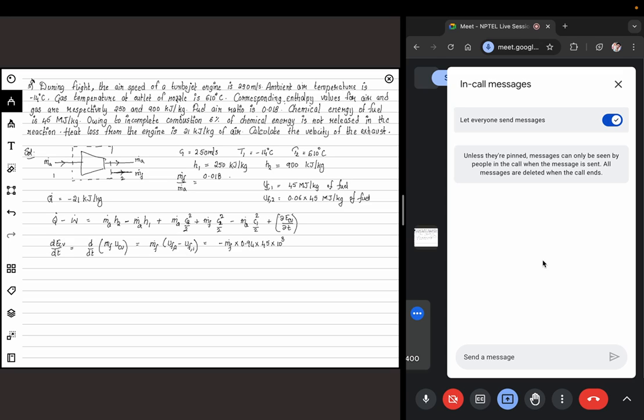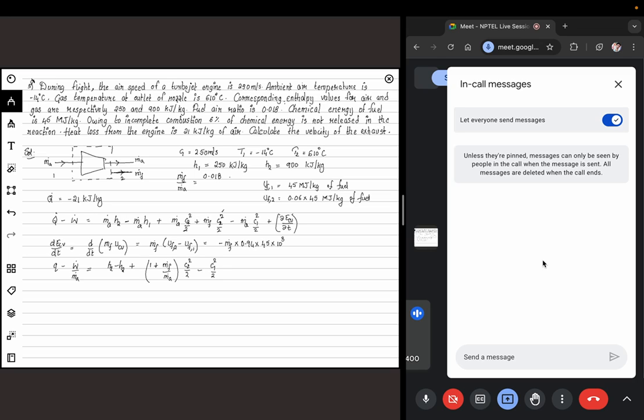So the problem that we were stuck on previously is all we need to find is the value of C2. But to do that, we need to know the value of work done as well. So if I divide the entire equation by m dot a, I'll just denote it as Q minus W dot by m dot a, H2 minus H1 plus the fuel ratio times C2 square by 2 minus C1 square by 2, plus change in internal energy.